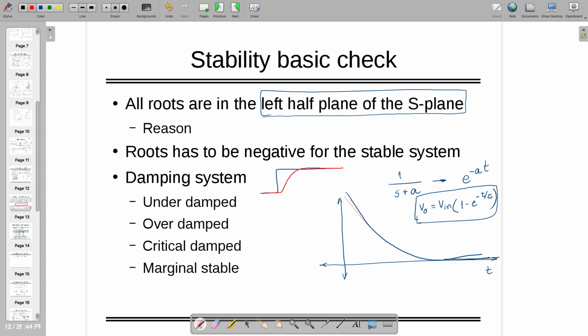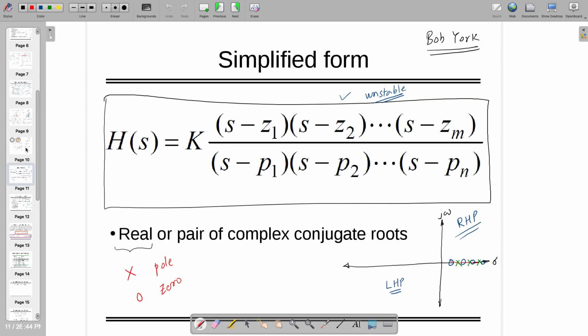You are not going to have any oscillations because they are moving towards zero, right? And that's why if we treat each root and keep all of them in the left half plane, there is a possibility that the system will be stable.